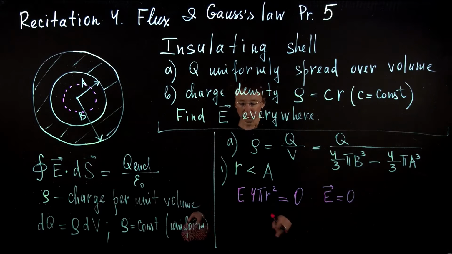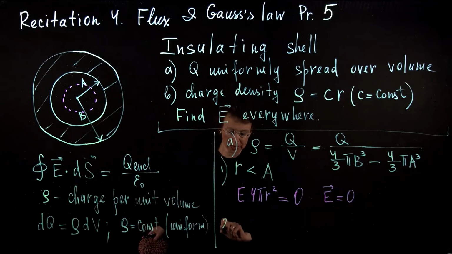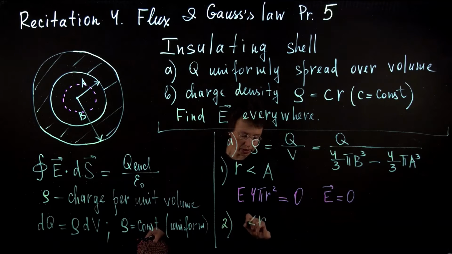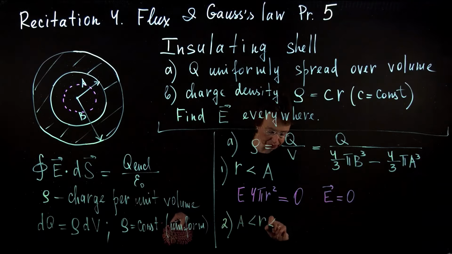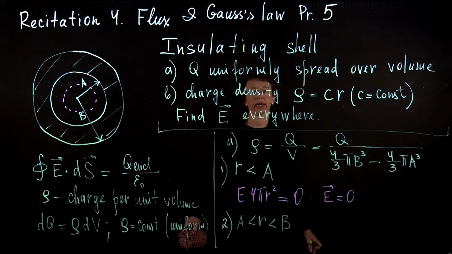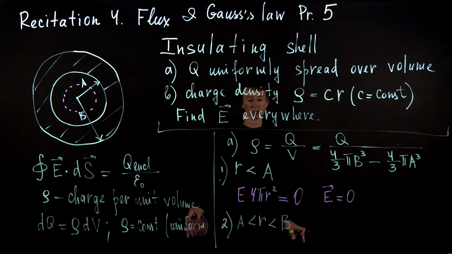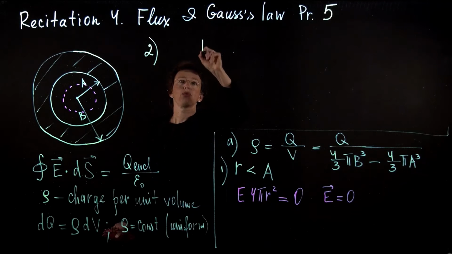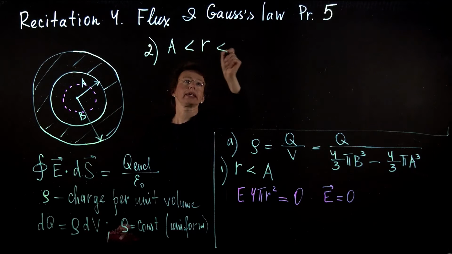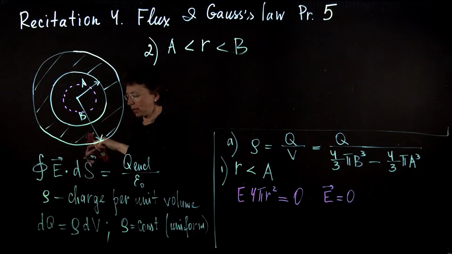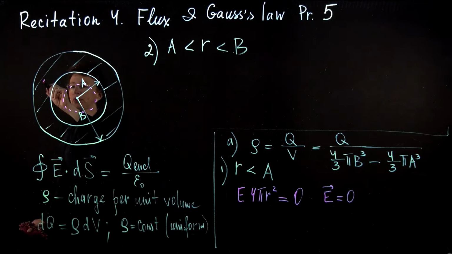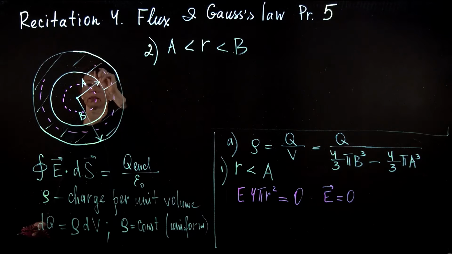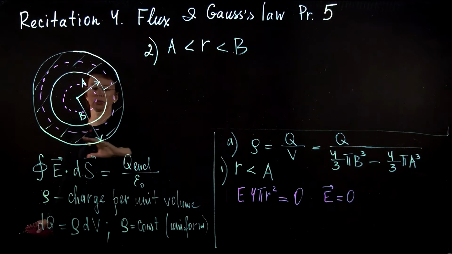Now we move to R between A and B. I will probably move this solution right here for you to be able to see it better. So for R greater than A and less than B, we will consider a Gaussian surface within this insulating material between A and B. This is my Gaussian surface now.